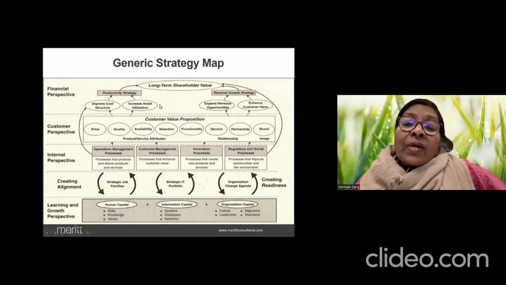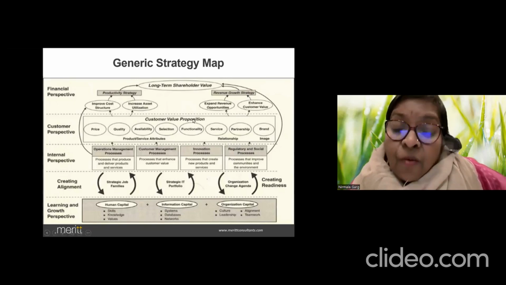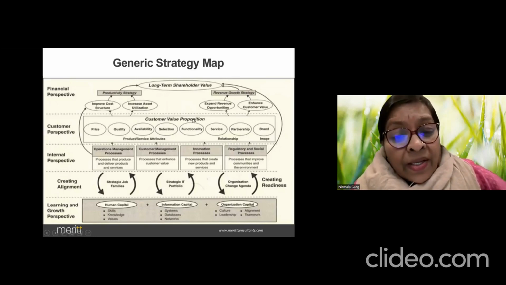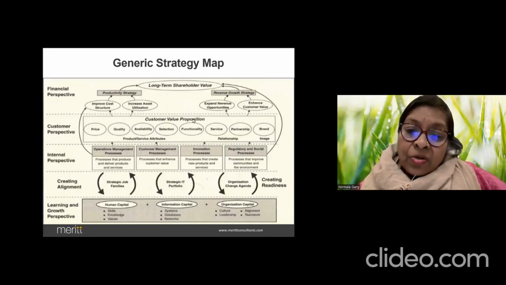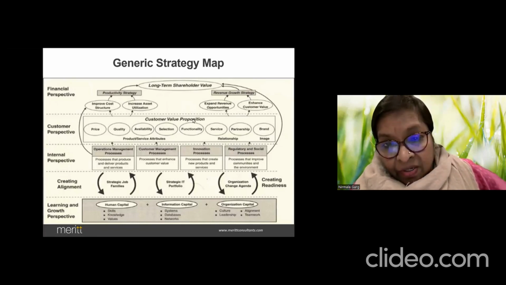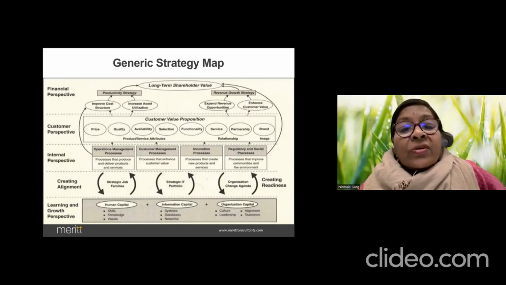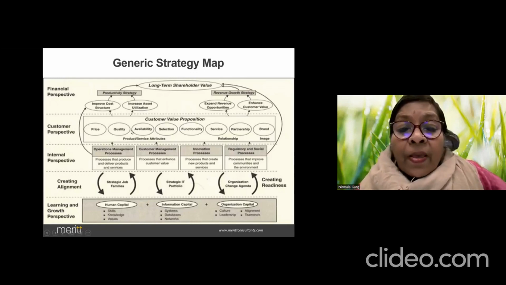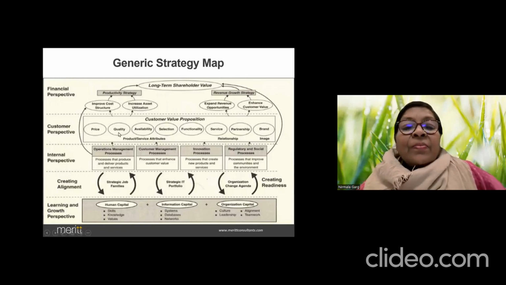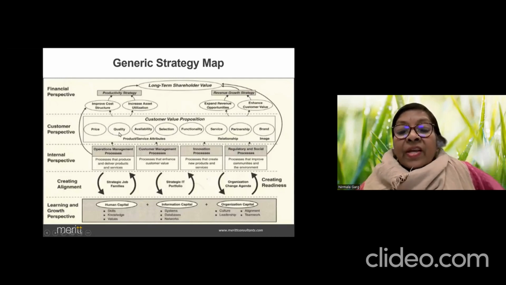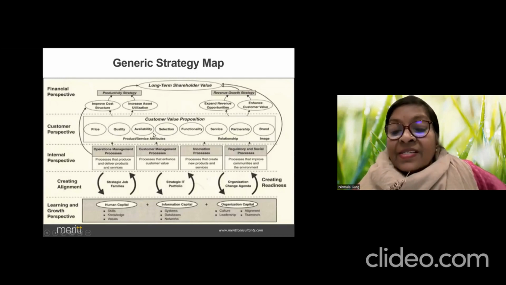And when I'm talking about the customer value proposition, what am I delivering to my customers through my products or through my services? Now, there will be attributes. Attributes like what? Price. They can be quality. They can be availability.